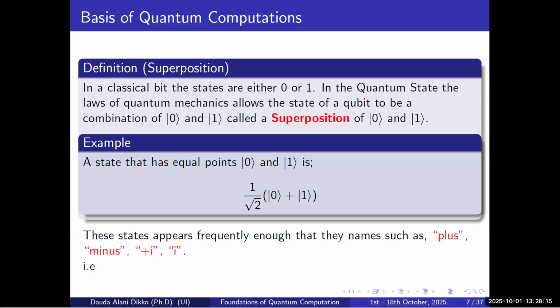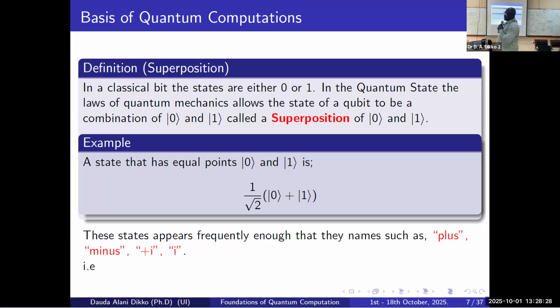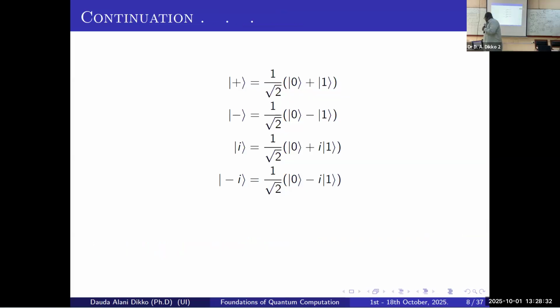That is where it is easier for you to determine the speed by which a quantum computation can be done. Then you also have the plus state, the minus state, the plus i state, and the minus i state. This is what it means. I think the last slide was the minus i, not just i.